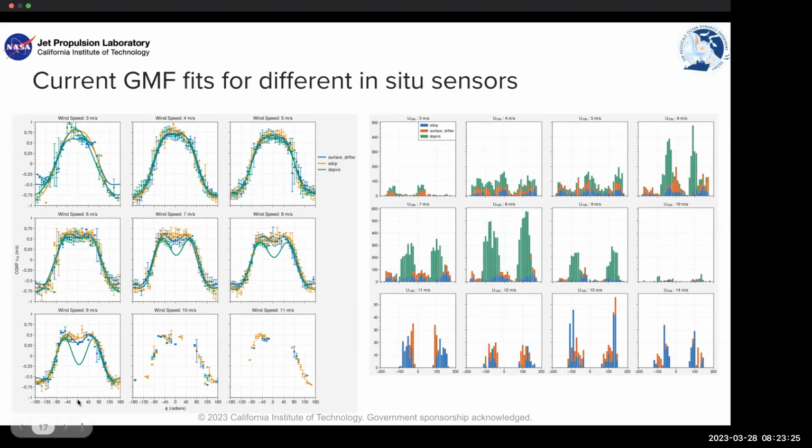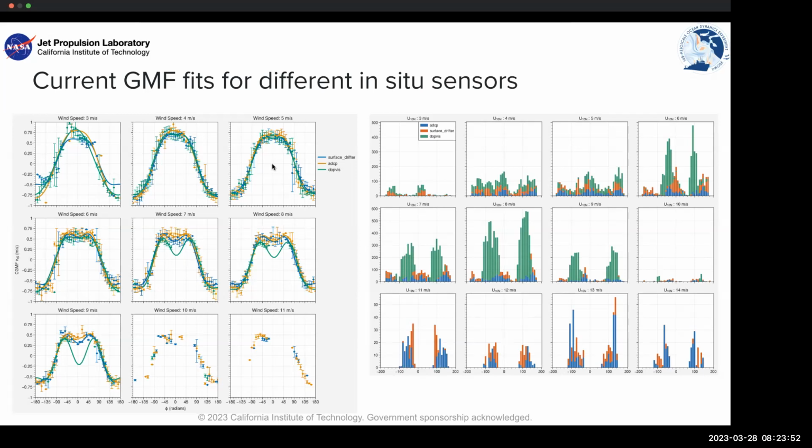So 0 here is you're looking along the wind direction, the downwind direction, and 180 is you're looking along the upwind direction. You can see several things. One of them, we have 3 kinds of ground truth here: surface drifters, ADCP, and DopVis. And they basically follow a very similar pattern.